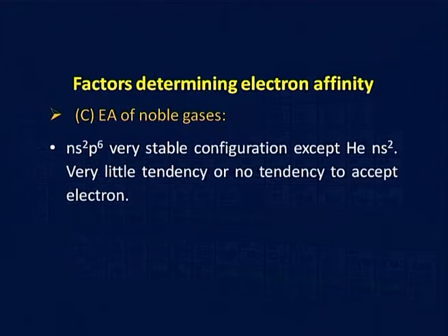Since their valence shell is completely filled, they have no tendency to accept the electron. Therefore, their electron affinity values are very low, and this we have seen in the table also, that the noble gases or the 18 group elements, their values were 0.